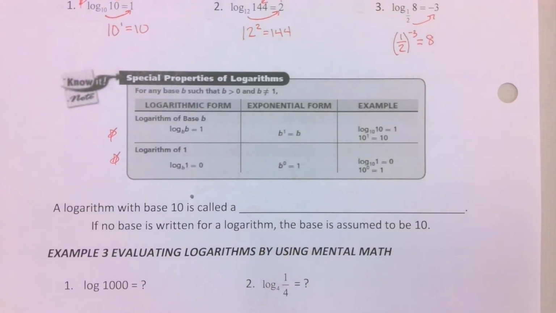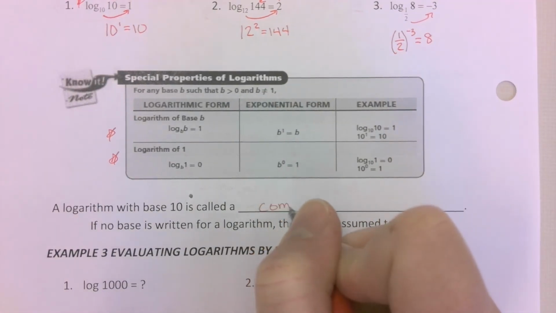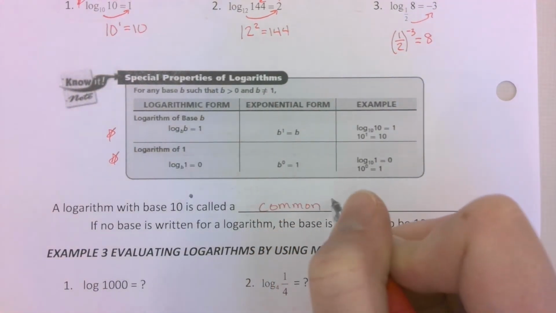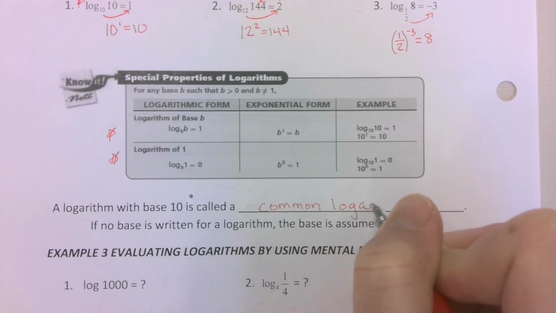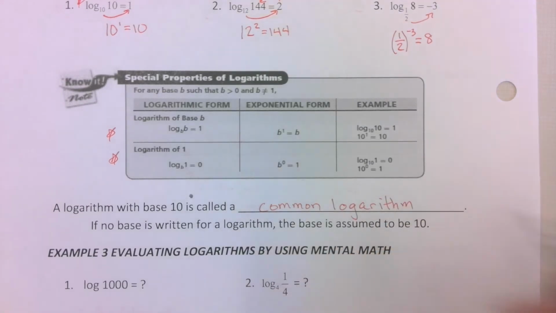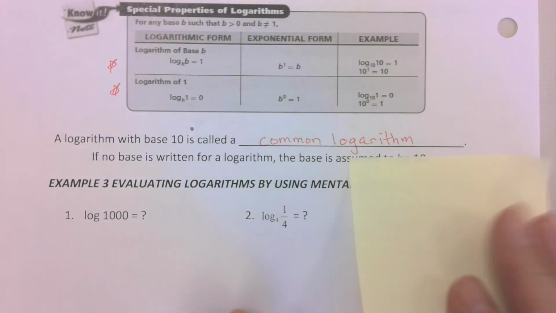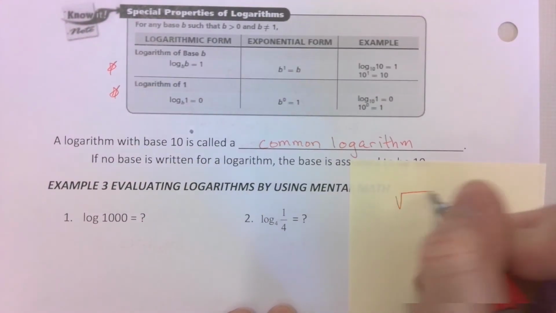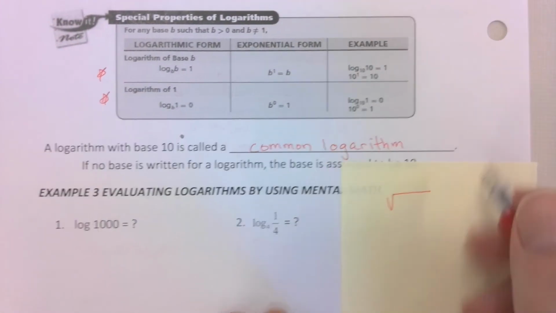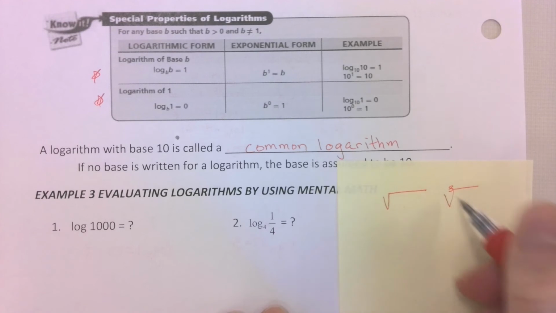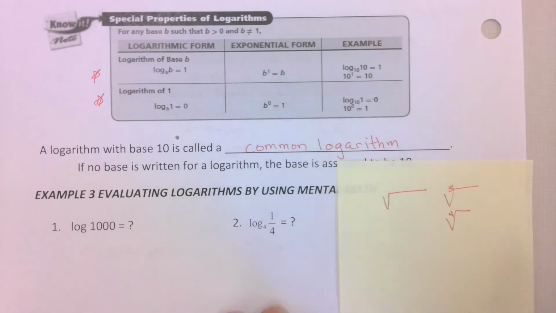Okay, now I referenced this. A logarithm with base 10 is called a common logarithm. A lot of people don't think about it, but if we stretch this idea and go to our square roots, we put a square root sign and we know that's a square root. If I want to show a cube root, don't I put a little 3 there, or a fourth root, I put a little 4 there.